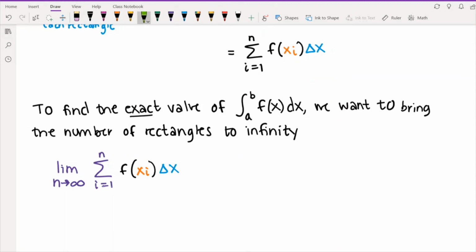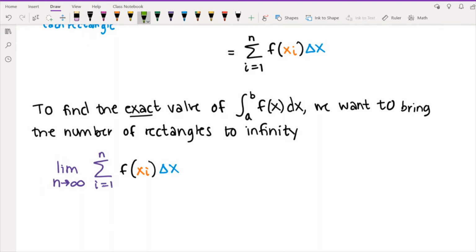And then what are we doing here? We're just taking that, adding up all of those rectangles, and we're increasing the number of rectangles. That's what this part represents. We're making it be the sum from i equals 1 to 100. That would be 100 rectangles. Then we're increasing that to 1,000 rectangles. Then we're increasing that to 1,000,000 rectangles, and we're seeing where that's going.